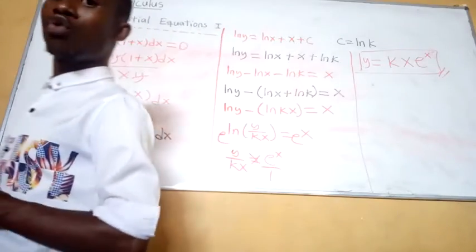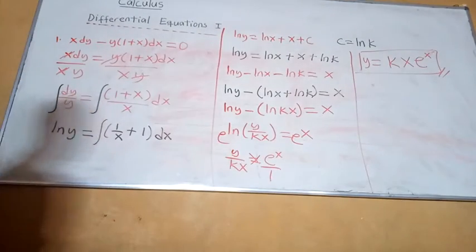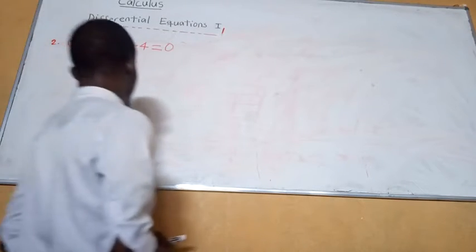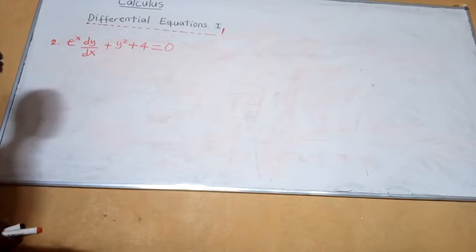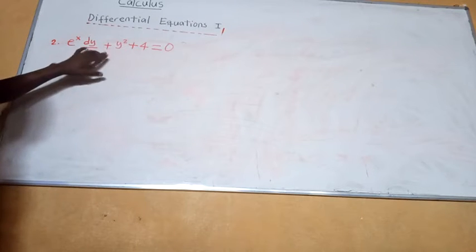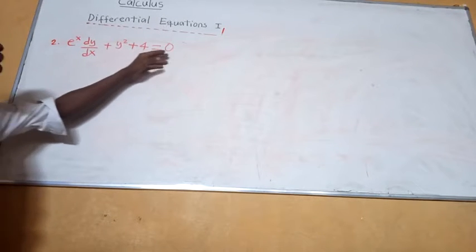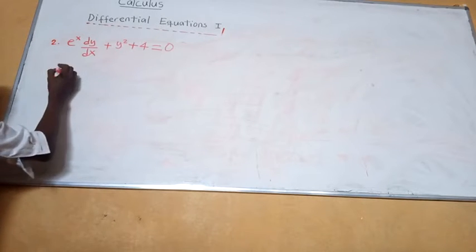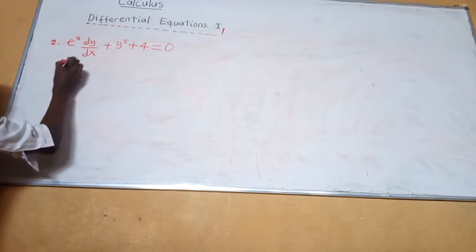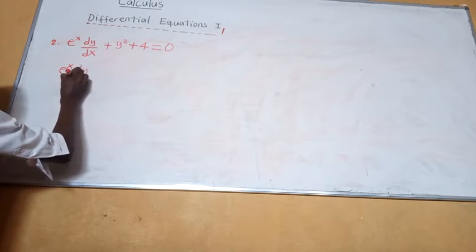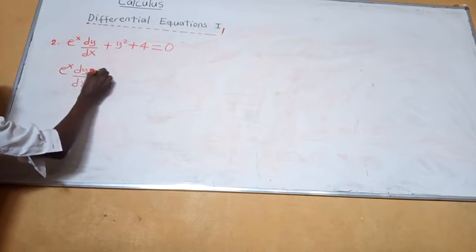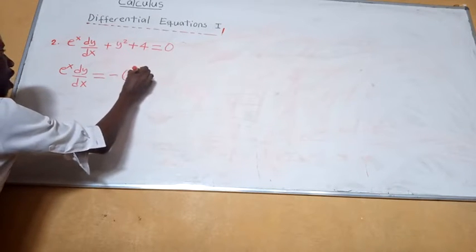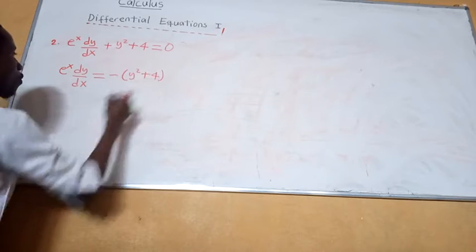So let us look at our second problem. In problem 2, we first need to send positive y squared plus 4 across the equal sign. So doing this, we have e to the x dy over dx equal to minus y squared plus 4.